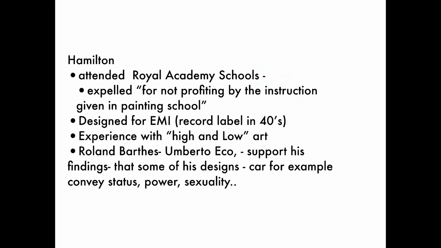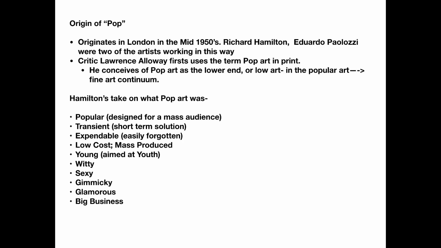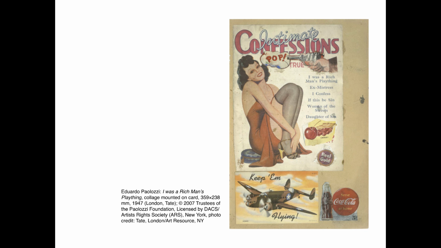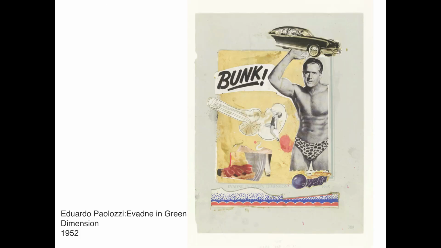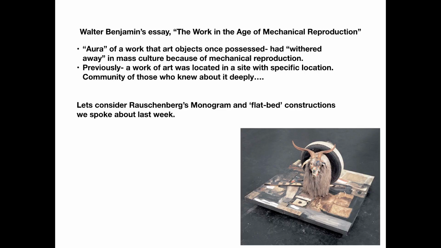So I think that's it for now. I would like you to consider some of these things, like Hamilton's take on what pop art is. Right now, you're just being exposed to this. Look at the wiki, and also consider the kitsch element, this lowbrow element that makes this up.